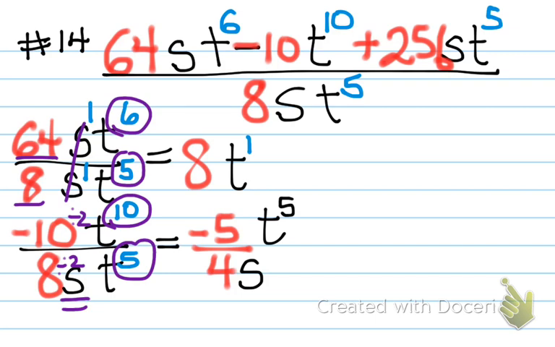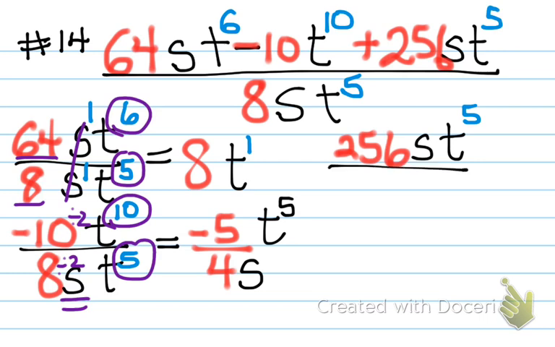Okay, now the last polynomial, the 25. I don't have enough space, so I'm going to come to the side. 256 s t to the 5th power needs to be divided by 8 s t to the 5th power.